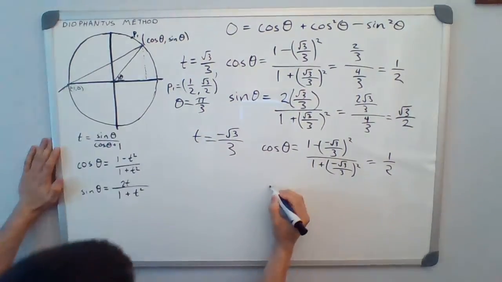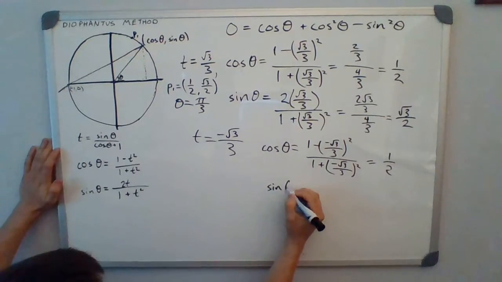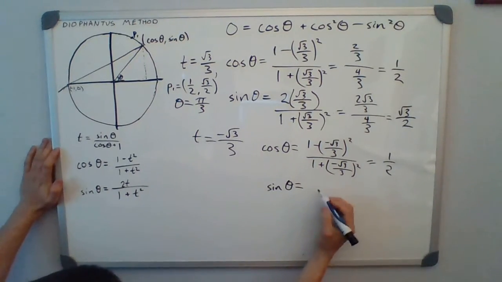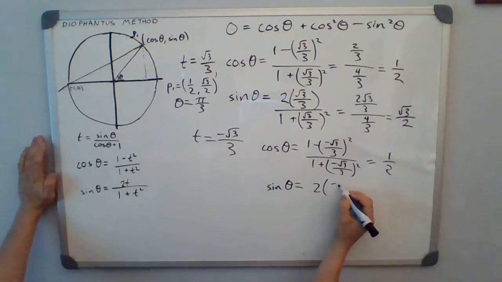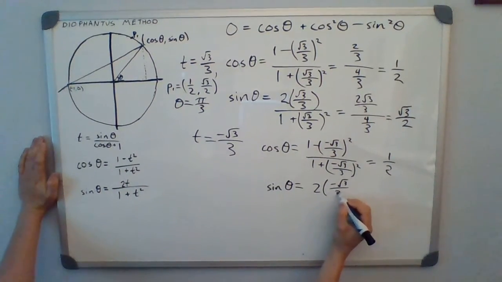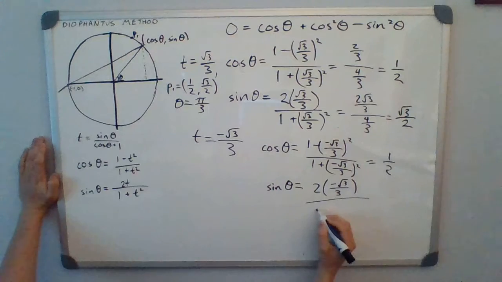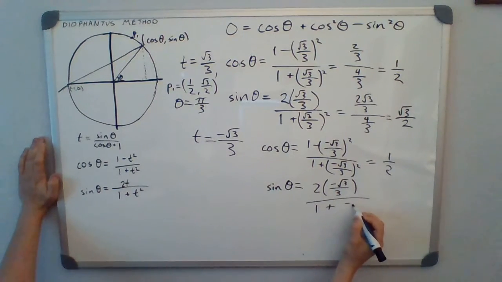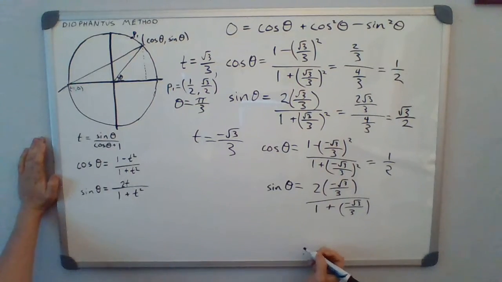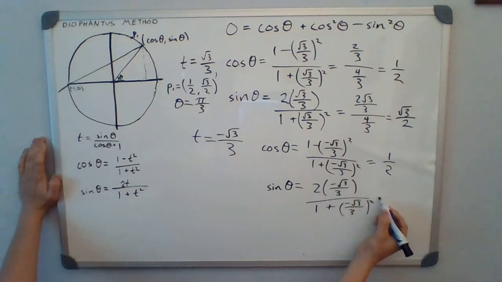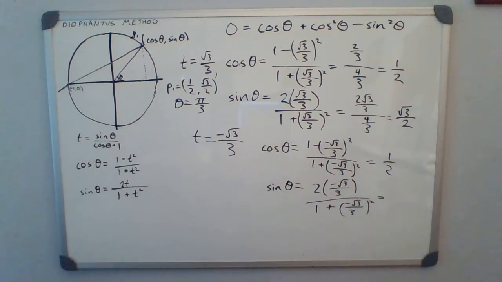So what's going to change is our sine of theta. Sine of theta is going to be equal to 2 times negative square root of 3 divided by 3, all over 1 plus negative square root of 3 divided by 3, squared. All right. So this one's going to give us negative square root of 3 divided by 2.